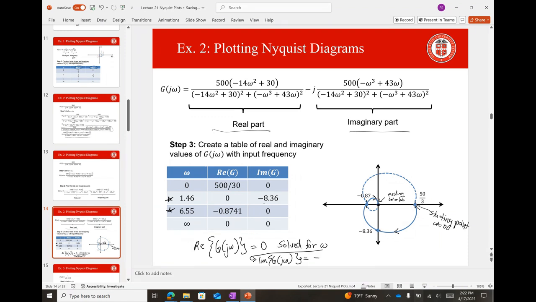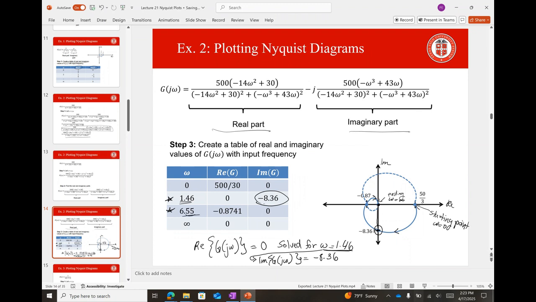Then we would get this negative 8.36. When we solve for the real part equaling 0, we get omega to be 1.46. So that's where this point is coming in, because our real part is 0, and so we get just a single imaginary part at this negative 8.36. So that's how we get this point.